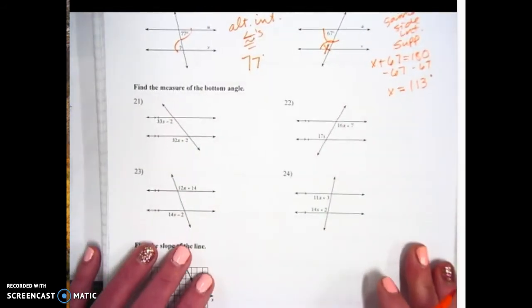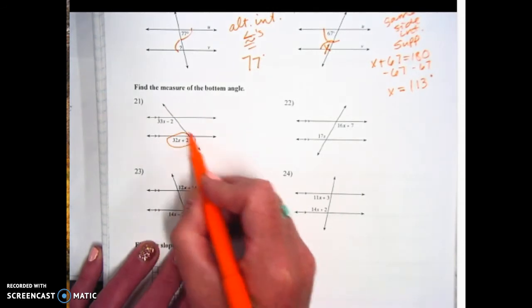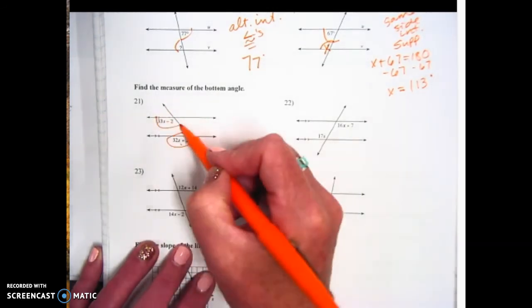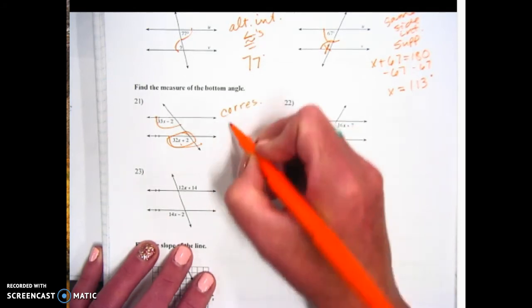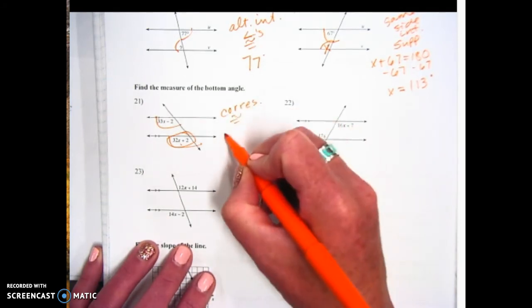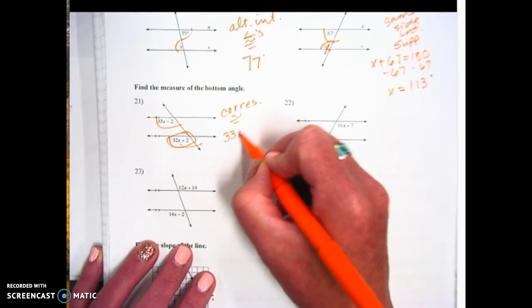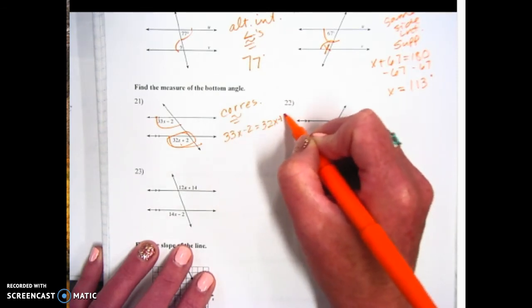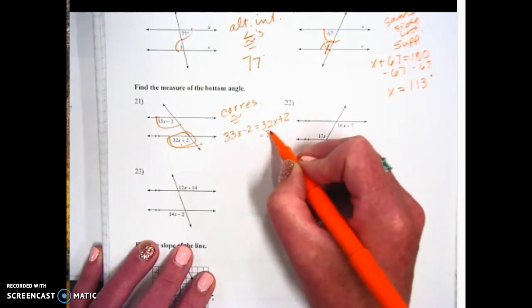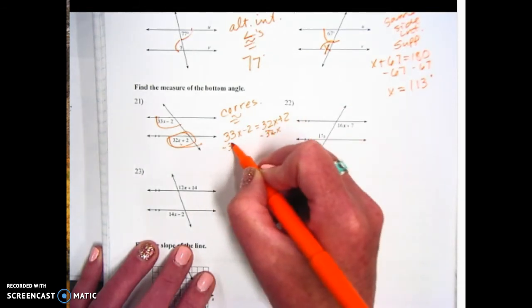21 to 24 says find the measure of the bottom angle. These two are corresponding, so they should be congruent. So 33x minus 2 should be equal to 32x plus 2. Subtract the 32x from both sides.